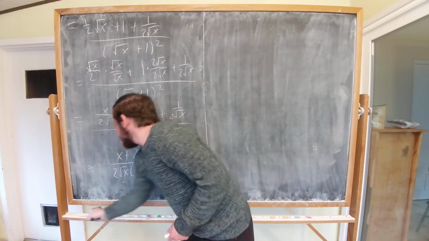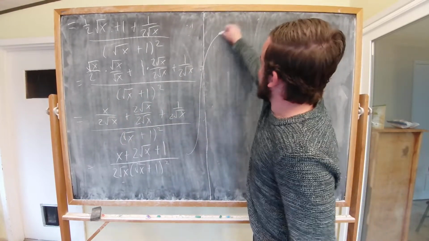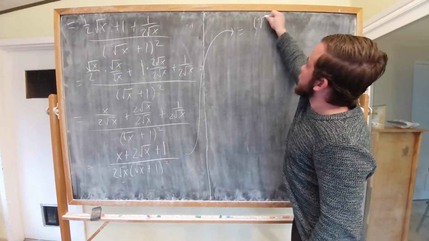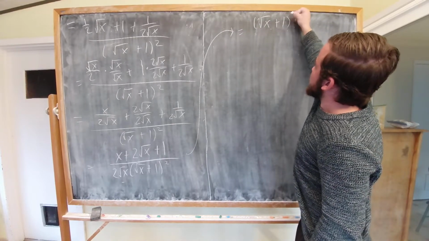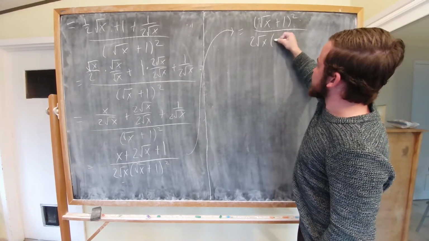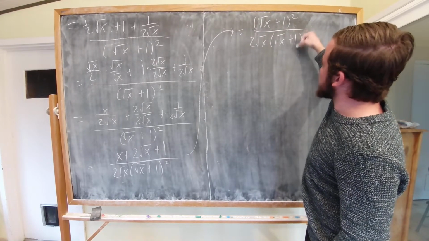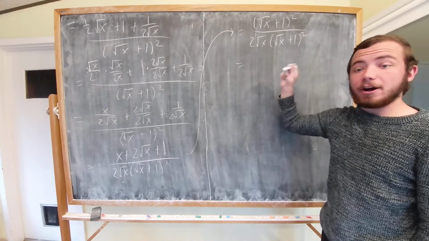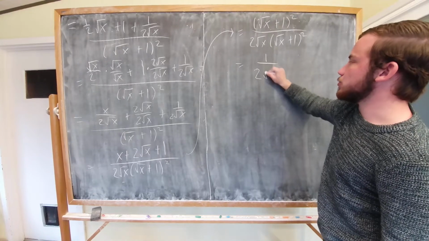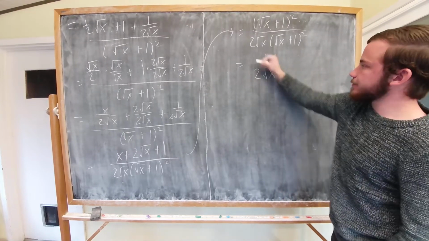Alright. Keen algebra observers among you might notice that this is in fact equal to the square root of x plus 1 squared divided by 2 square root of x times the square root of x plus 1 squared. Those cancel out and we are left with 1 divided by the 2 square root of x.